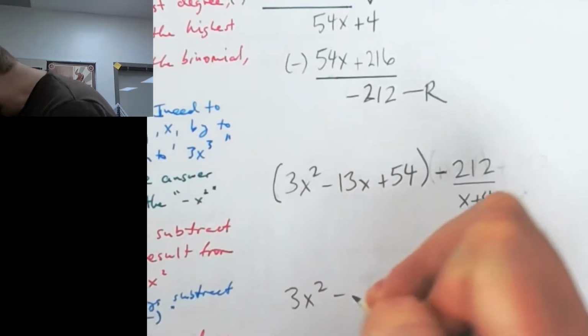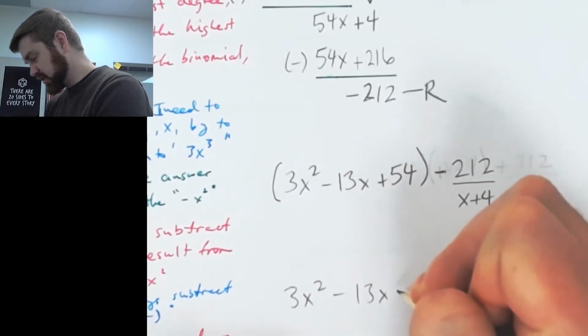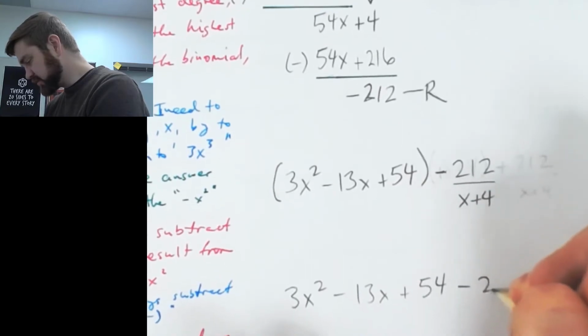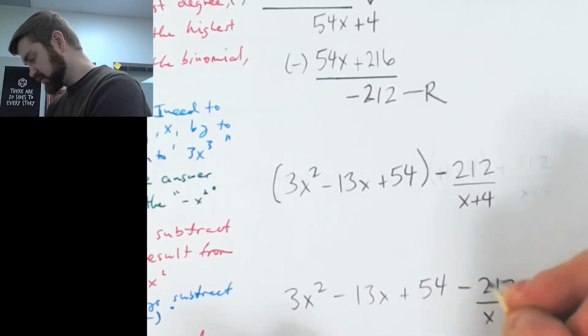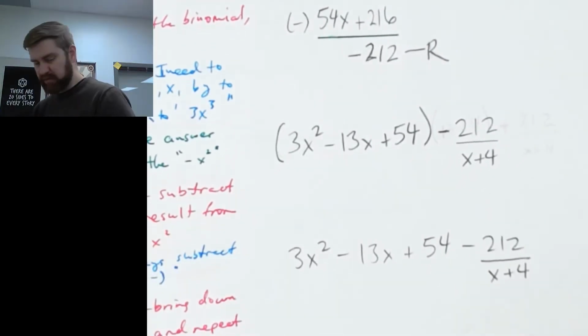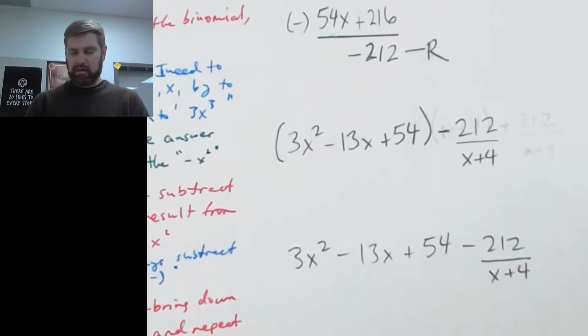So 3x squared minus 13x plus 54 minus 212, and that term 212 is divided by x to the 4. Okay, and so we've effectively factored it out.